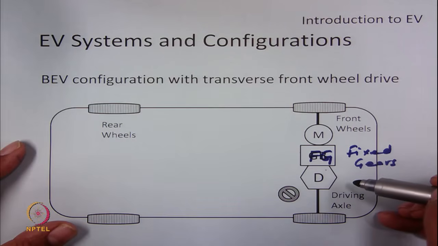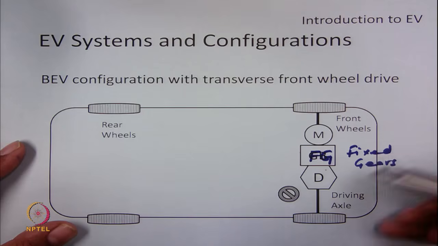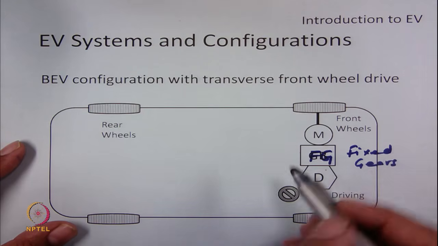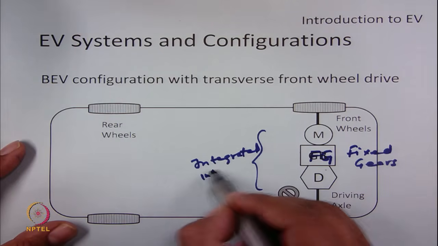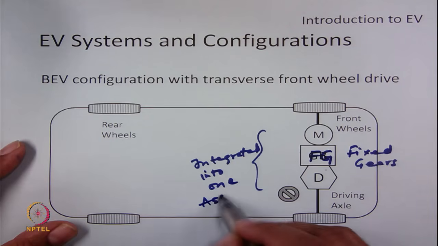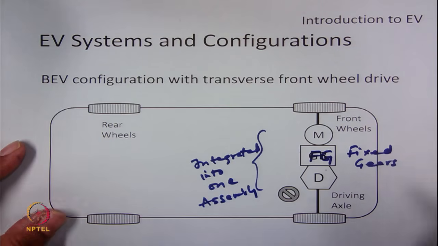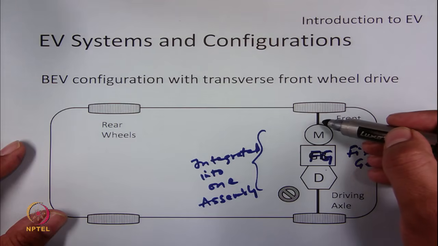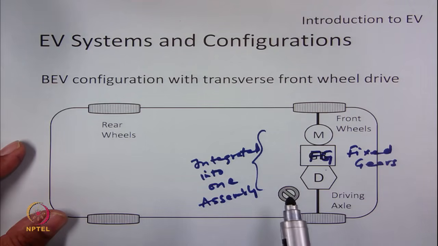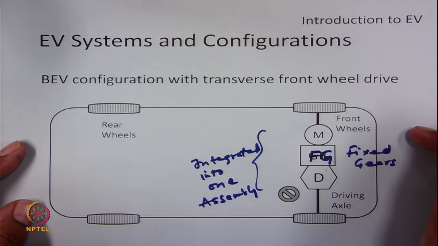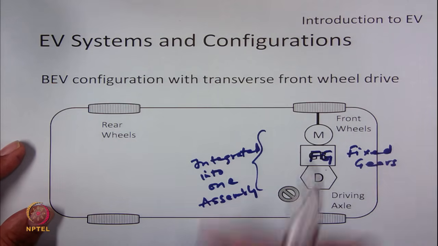All the components such as motor, fixed gears and differential are integrated together into one assembly, such that the transmission axle is reduced, and it is a very compact system, such that it not only takes very less volume, it is also very less weight compared to the previous configuration. So, this is adopted in all modern EVs. Even this kind of technology is used in Tesla vehicles.